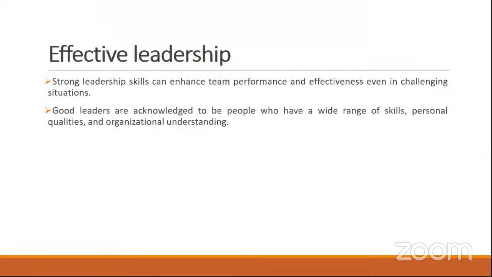Now, the next role of the team leader is effective leadership. Strong leadership skill can enhance team performance and effectiveness even in challenging situations. Good leaders are acknowledged to be people who have a wide range of skills, personal qualities, organizational understanding, and good communication skill.